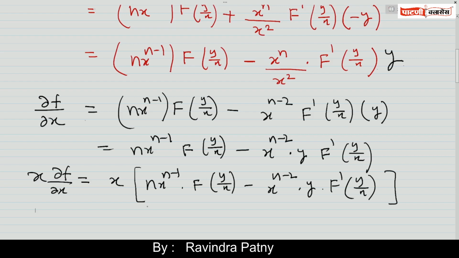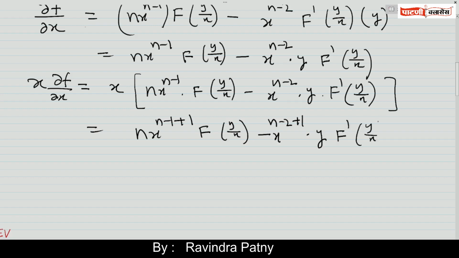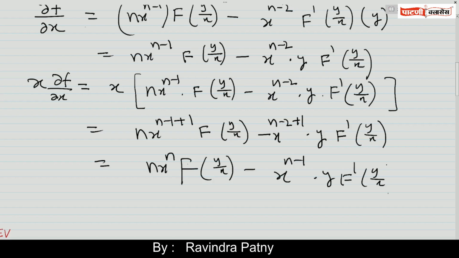Now this x will be going inside, so this equals n x raised to n minus 1 plus 1 f of y upon x minus x raised to n minus 2 plus 1 into y f dash of y upon x. Finally what we get here: n x raised to n into f of y upon x minus x raised to n minus 1 into y f dash of y upon x. This is nothing but x into ∂f by ∂x. Let us call it equation number 2.